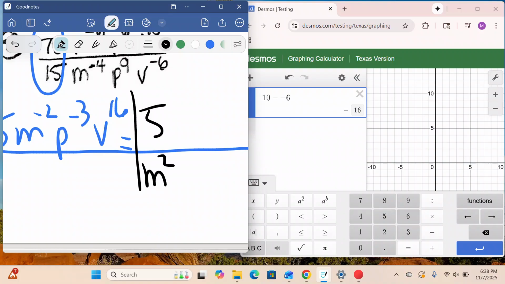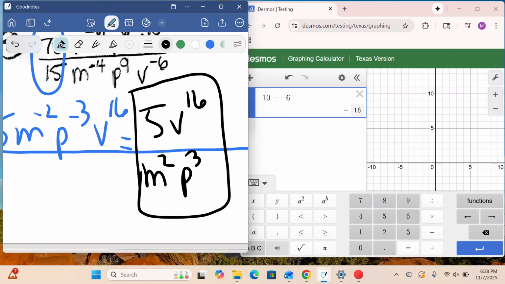If you have p raised to the negative 3, I don't want it negative, so I just throw him to the bottom and he becomes to the positive 3. And b to the 16th, there's nothing going on with b to the 16th. I'm going to leave him alone, and I'm going to keep it at the very top. So that is my answer, 5b to the 16th, m to the 2nd, and p to the 3rd.